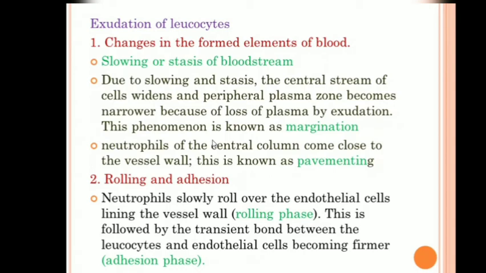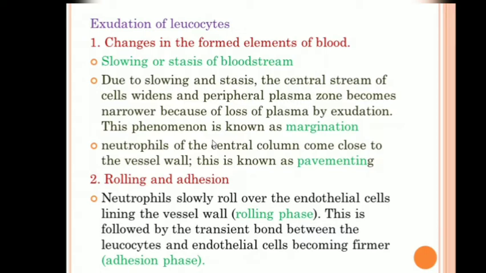Number one is the change in the formed elements of blood. There is slowing or stasis of the bloodstream. With stasis, changes in the normal axial flow of the blood in the microcirculation take place.